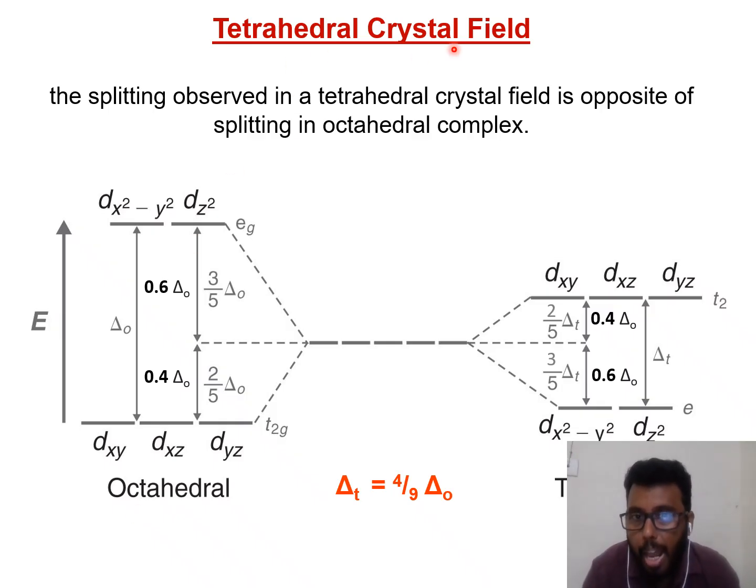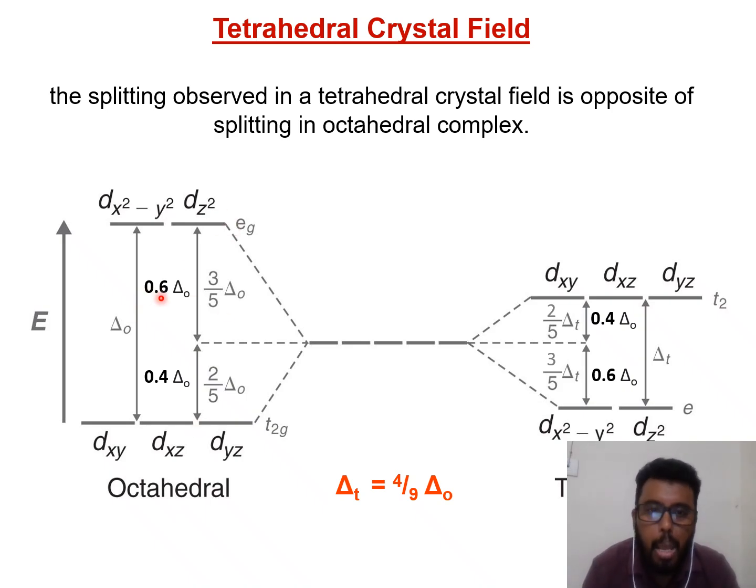Look here, when they are asking you to compare, then you can draw this diagram where both crystal field splitting energy diagrams, octahedral on the left and tetrahedral on the right, have been shown. So look here, dxy, dxz, dyz. This is T2g. But whereas in tetrahedral, this will be up. So dxy, dxz, dyz, T2g. And then Eg will be at the top in the case of octahedral. The energy difference we have already seen now.